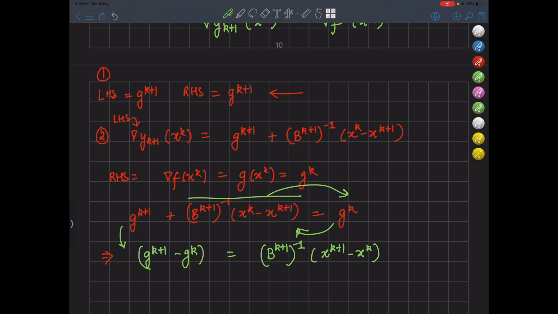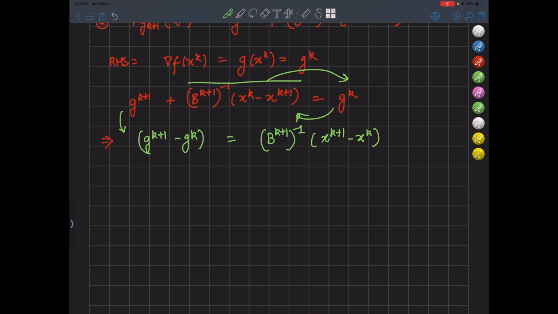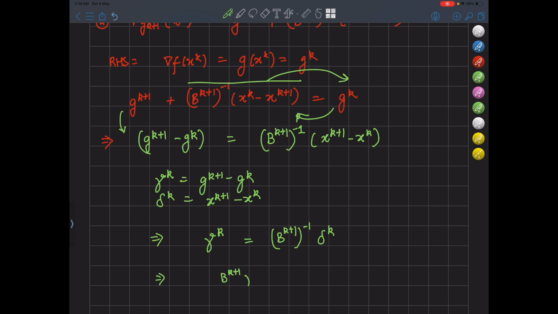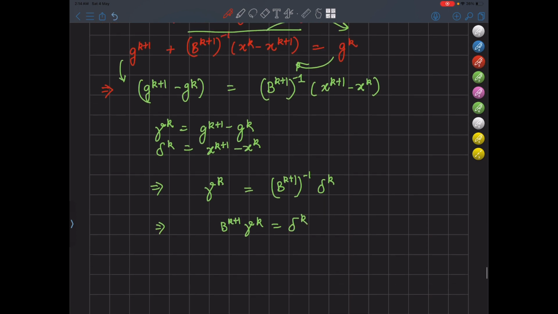I multiply by bk plus 1 on both sides, and I assume gamma k as gk plus 1 minus gk and delta k as xk plus 1 minus xk. So this becomes gamma k equal to bk plus 1 inverse delta k. If I multiply by bk plus 1 from both sides, then bk plus 1 gamma k equals delta k. And this is called the Quasi-Newton condition.